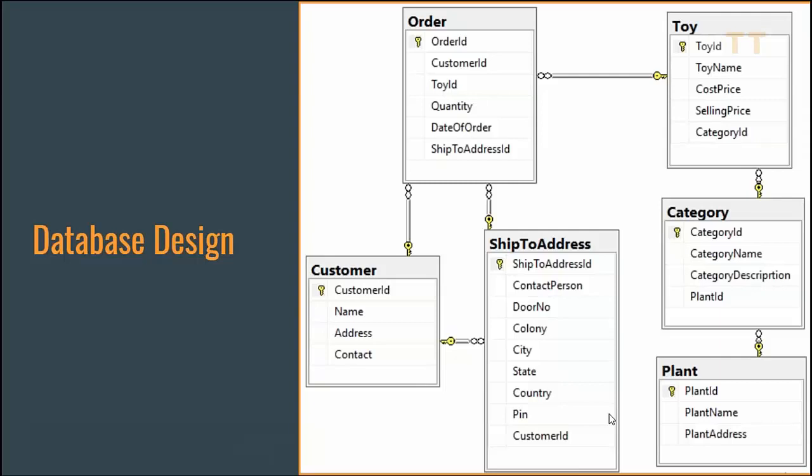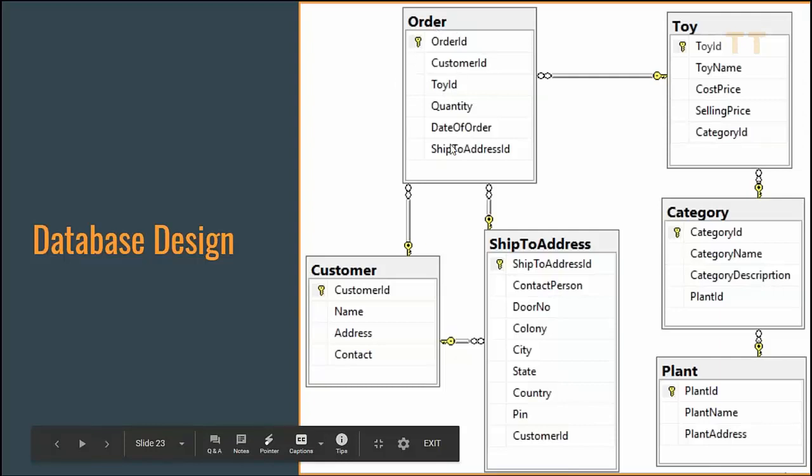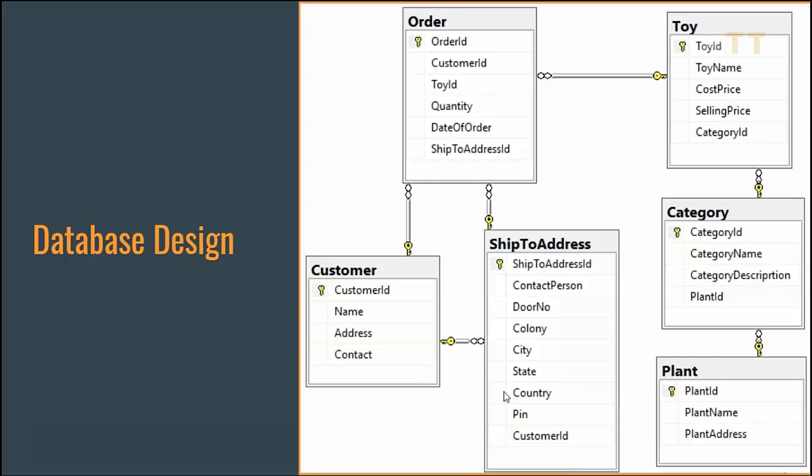Tell me what information you want to track. See, this is our root table, you can say order table. I want to know the customer has placed an order and I want to know what plant is going to serve this order. This is the order table.